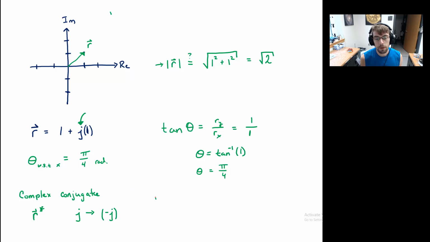For example, if we take our R vector that I've written here and take the complex conjugate, I would write that as 1 minus j. Anywhere you see a j in your expression, you can replace it with a negative j.